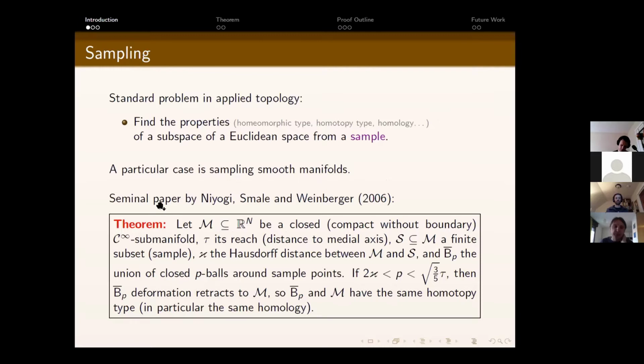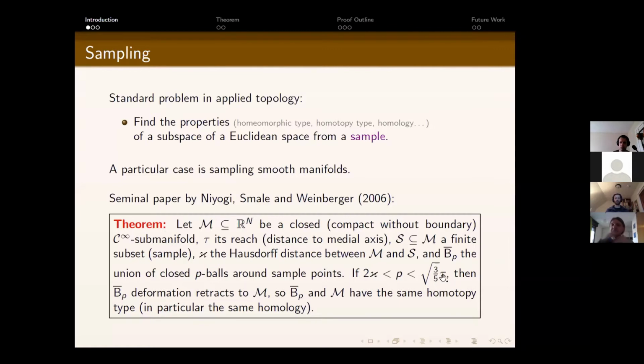A seminal paper on this topic is by Niyogi, Smale and Weinberger. Here's the theorem in a slightly different notation than they used in the paper, but the point is you have a compact manifold without boundary, C infinity, embedded in a Euclidean space. You know some basic information about this manifold, specifically its reach, which is denoted here by tau.